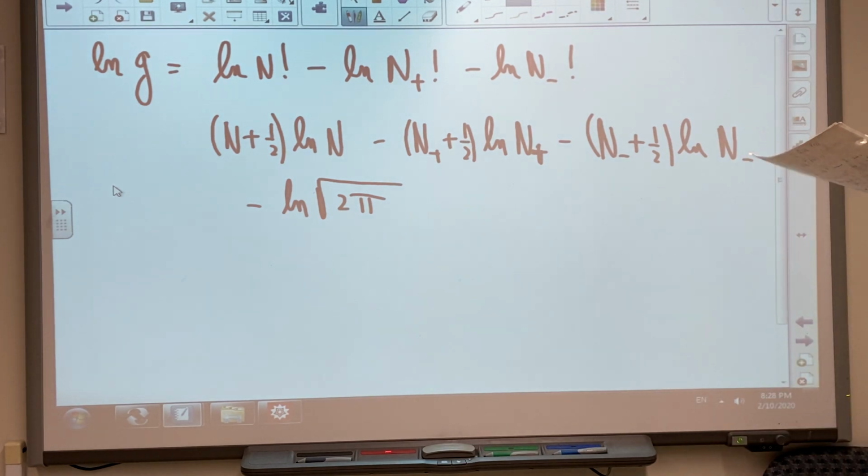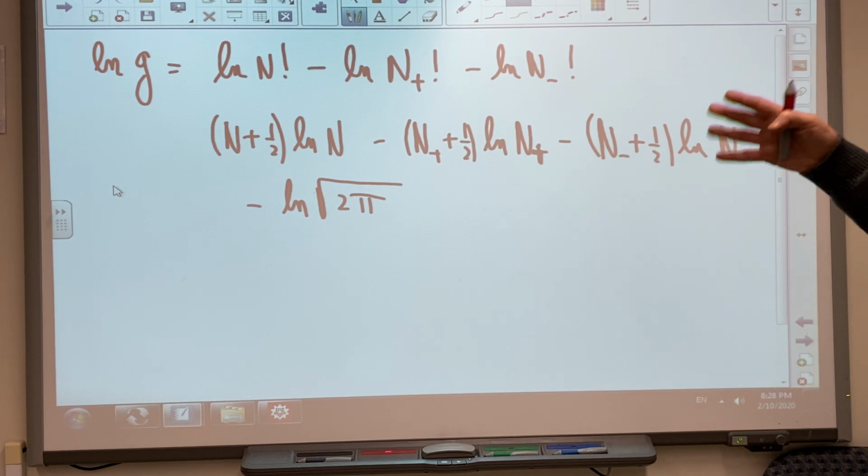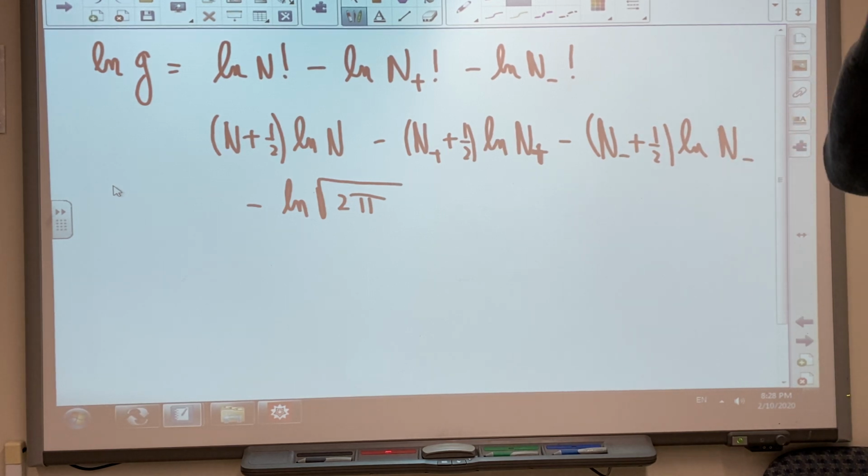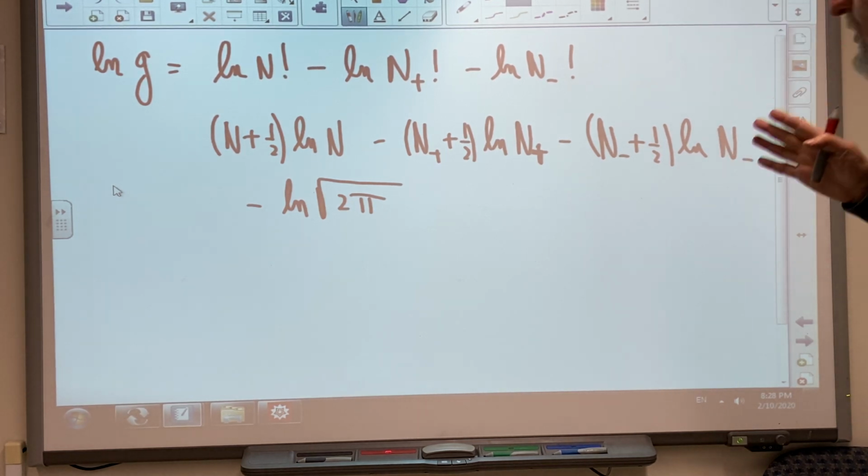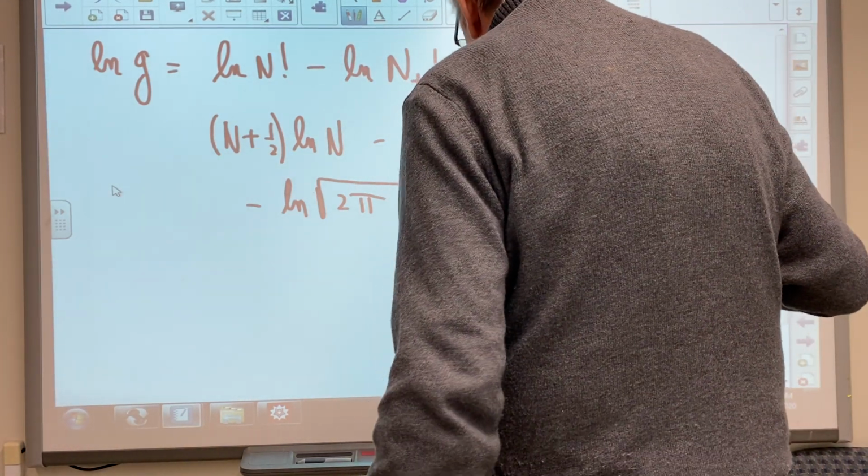Okay, so far all I've done is use the ln, but no expansion. All I used is the Stirling approximation to the logarithms. Okay, and now is where I start manipulating things. I will try to point out the details, but if you get lost, look it up in the book. Don't worry too much.